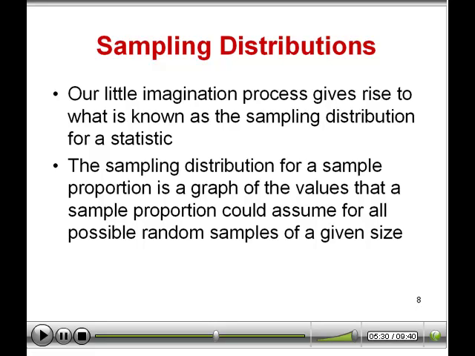The picture we just described has a fancy name. It is called the sampling distribution of a proportion. It displays all the values a sample proportion could assume for all possible samples of a given size.